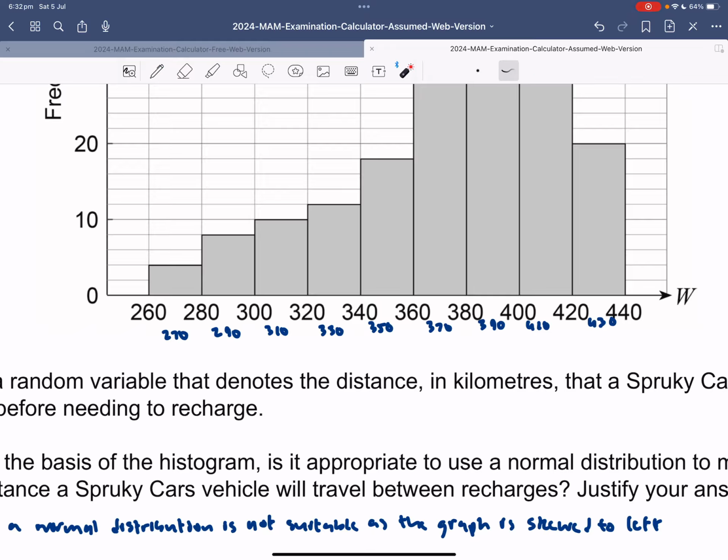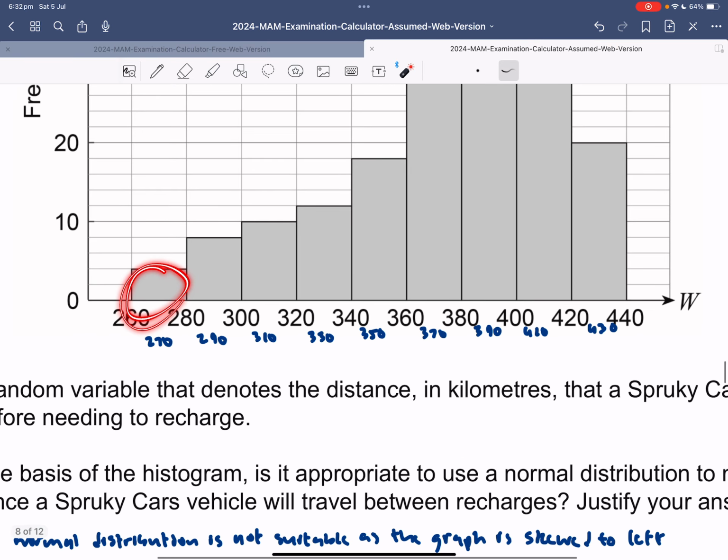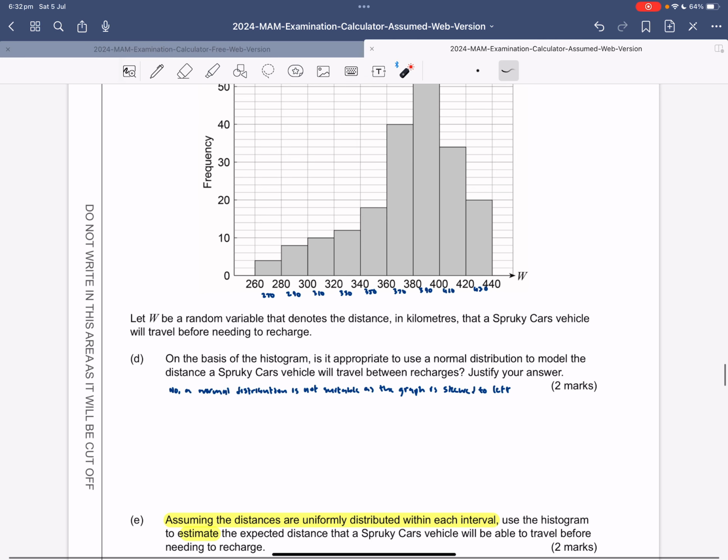If everyone's equally spread, you might as well assume that everyone within this block, within this interval, is traveling at 270, the halfway mark. Everyone in this block is traveling at 290. Everyone in this block is traveling at 310. We just assume that, and because we're assuming that, we get an estimated value.